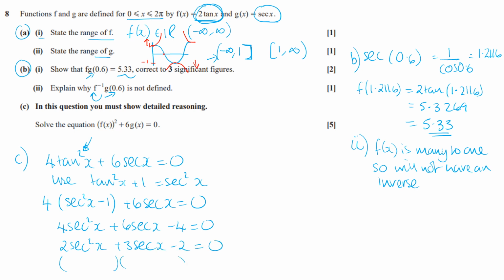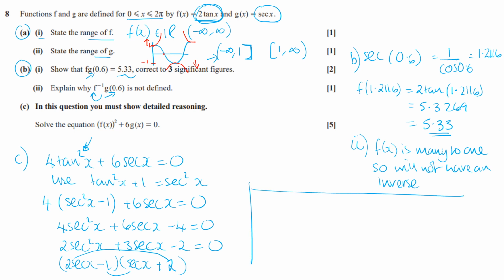And then we can factorize it. We've got 2 sec x and sec x to get the 2. It's going to be a minus 1 and a plus 2, because then we'll get those two will give us 4 sec x, minus 1 will give us the 3 in the middle.